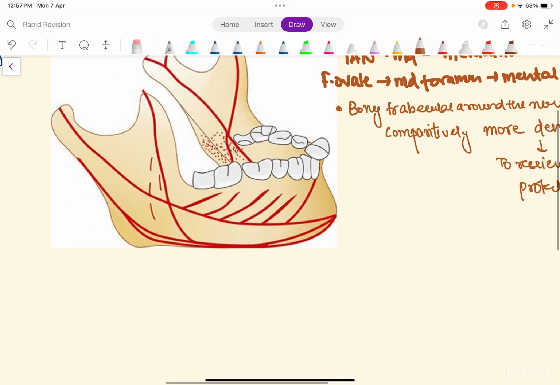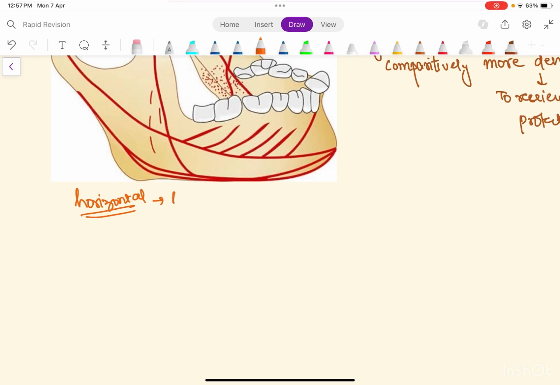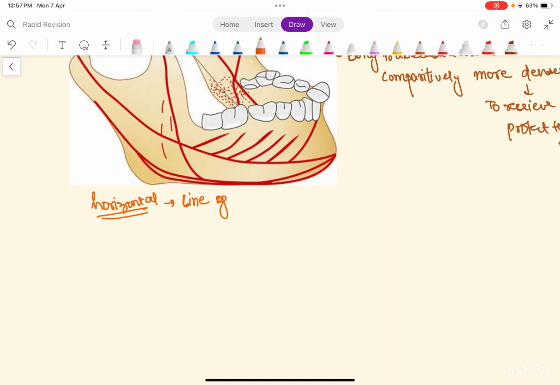And in this basically what you see is the horizontal one, just a line which extends from one condyle to another condyle. So the horizontal is the line of stress from one condyle to another.